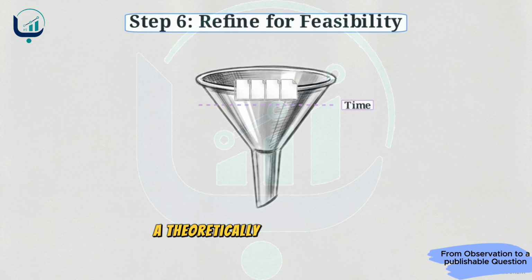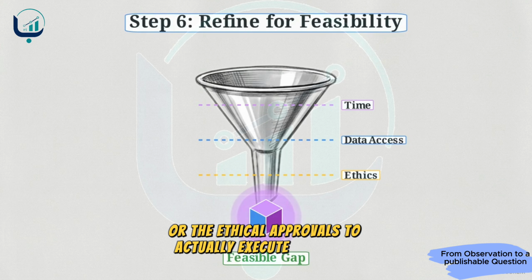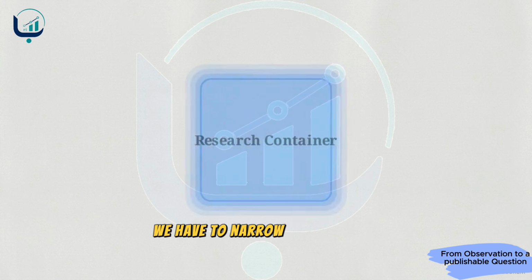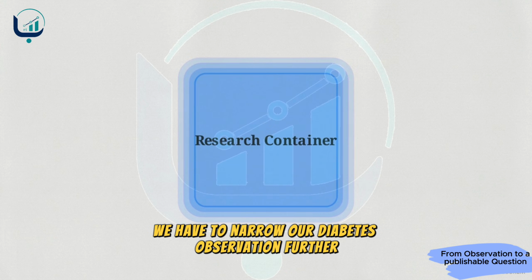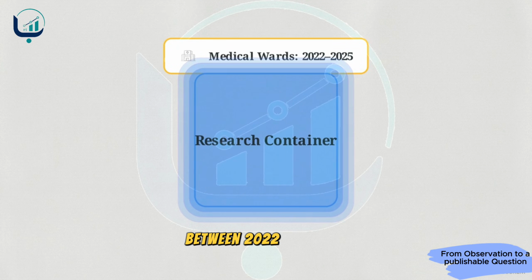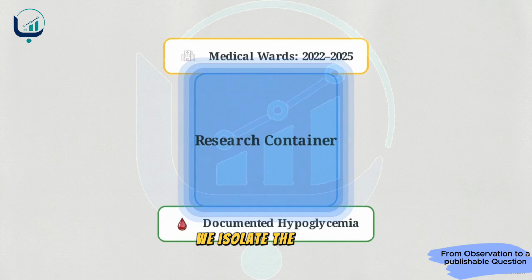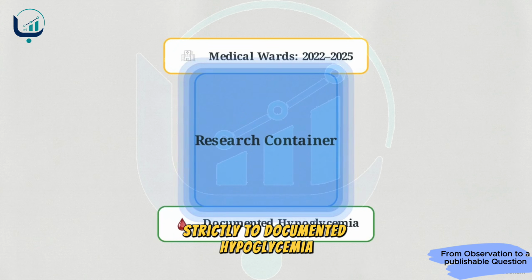Finally, step 6, refine for feasibility. A theoretically perfect gap will fail if you don't have the time, the data access, or the ethical approvals to actually execute the study. We have to narrow our diabetes observation further. We constrain the data to patients admitted to medical wards between 2022 and 2025. And instead of the broad concept of glucose variability, we isolate the study strictly to documented hypoglycemia.